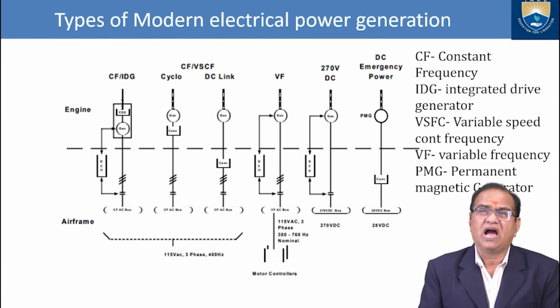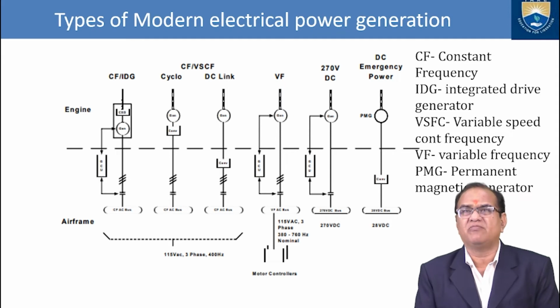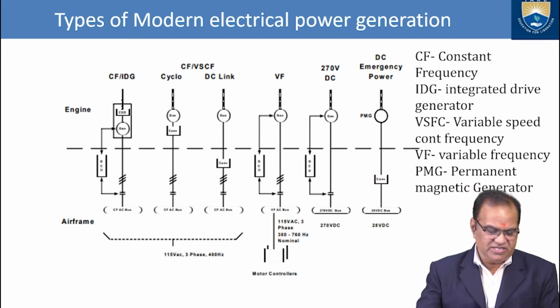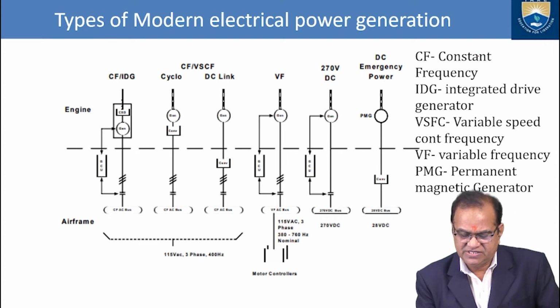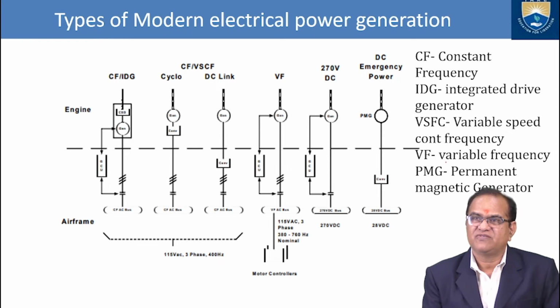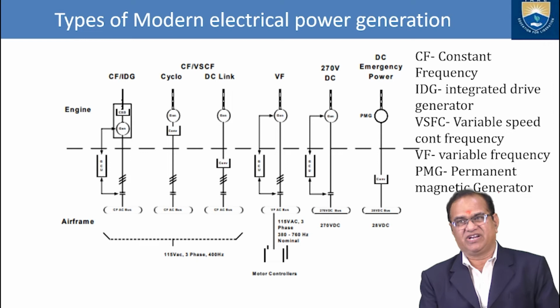Here I want to show some types of modern electrical power generation systems. In this you can see that CF is constant frequency, IDG is integrated drive generator, VSCF is variable speed constant frequency generator, VF is variable frequency, and PMG is permanent magnet generator.